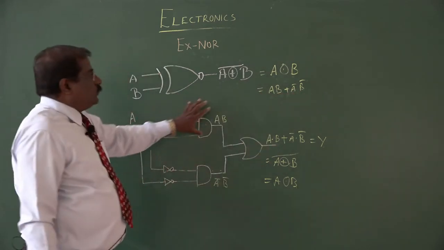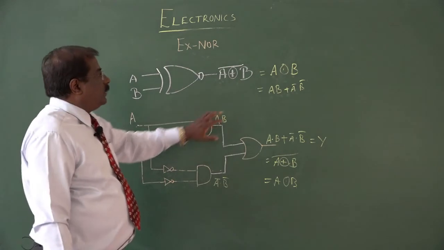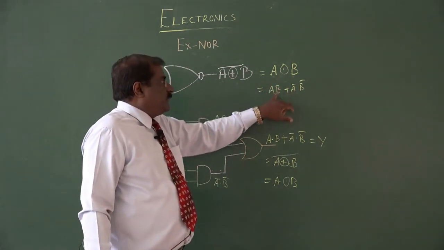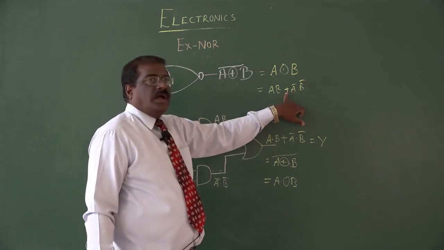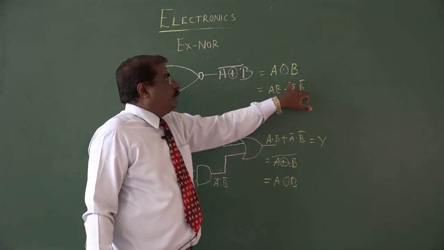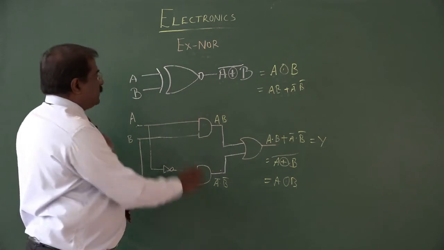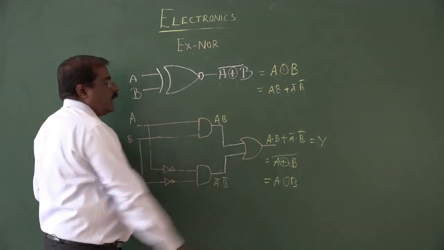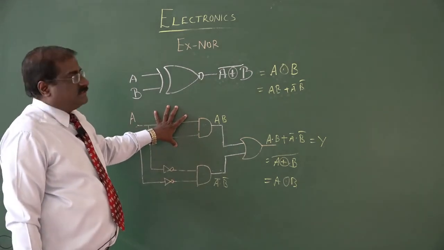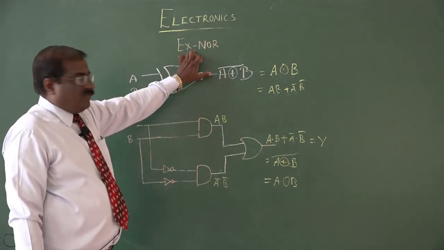So using basic gates, just check it over here. AB is one AND gate, here also one AND gate, here one OR gate, and for the complements we need two NOT gates, that is two AND gates, two NOT gates and one OR gate. If we connect in this fashion, we get the XNOR function.